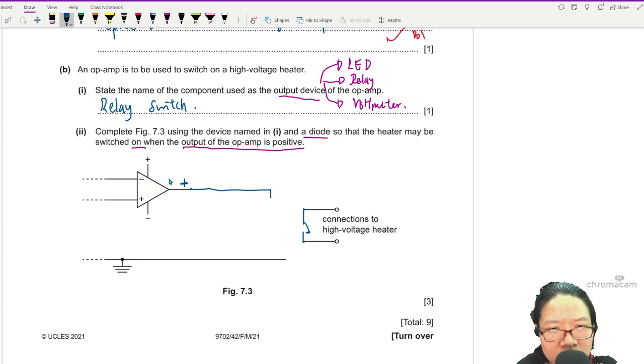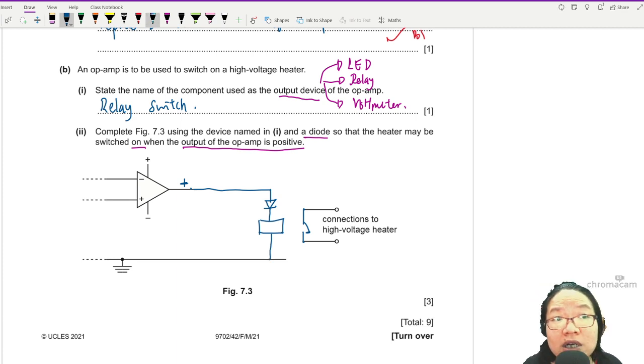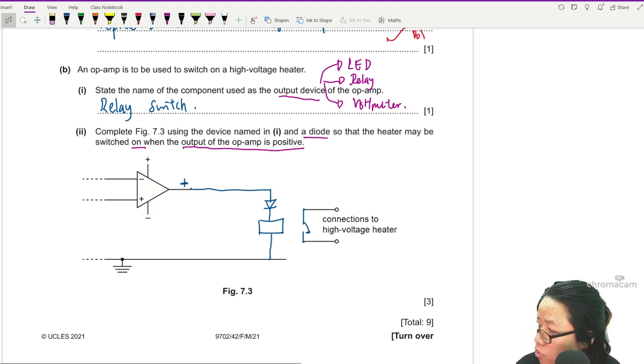Okay, so we want the current to flow down, so obviously we're going to put the diode this way. And then we will draw a box to represent the relay. That's all you need to draw, I believe, but just give me a sec to make sure you are safeguarded. This is the relay. Most of the time, I will tell students, you draw a box is good enough. Because the CIE convention, let me pull the diagram from the CIE convention.